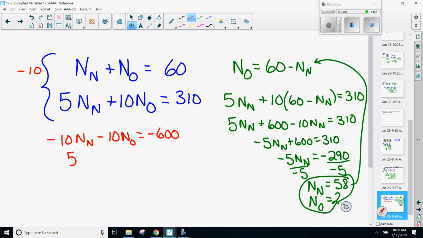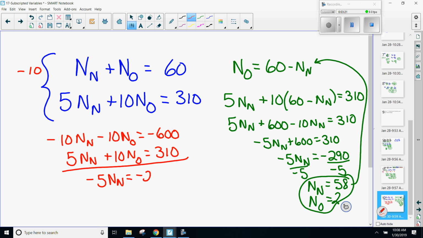And then you have 5 N sub N plus 10 N sub O is equal to 310. So you get negative 5 N sub N is equal to negative 290. And you divide by negative 5 and you get your 58 again, and then you could substitute it back in. If N sub N is 58, 58 plus 2 is 60. You find out that N sub O is equal to 2.